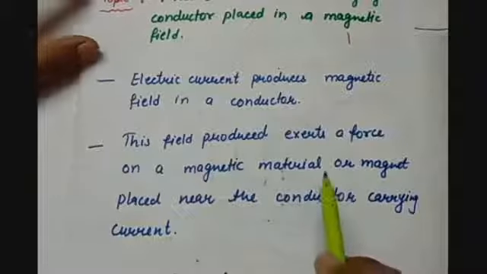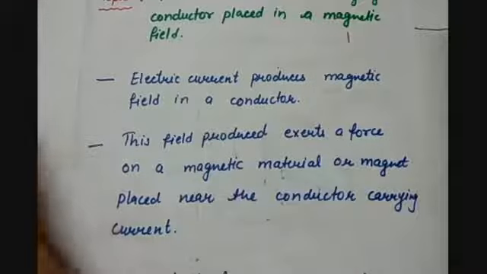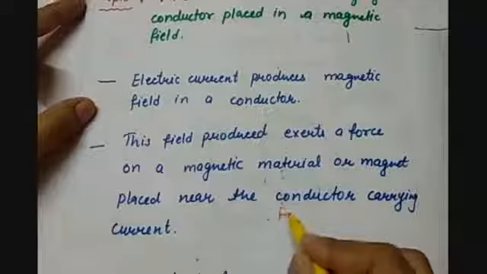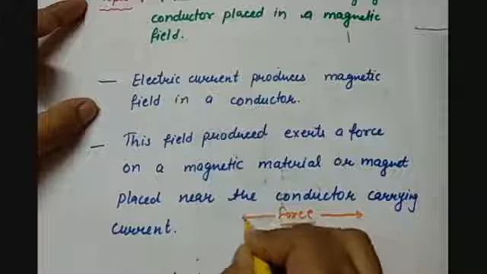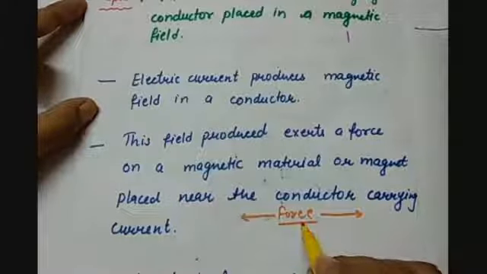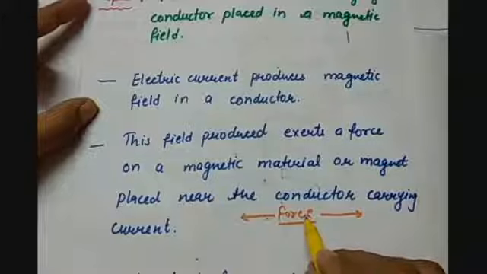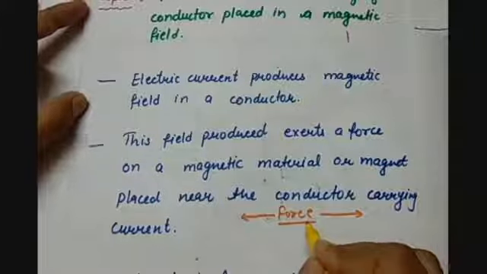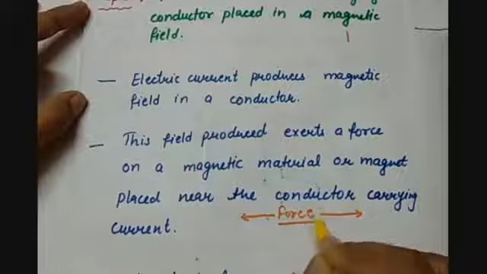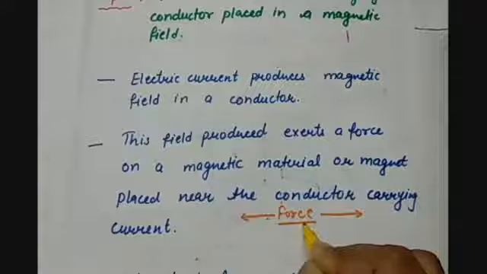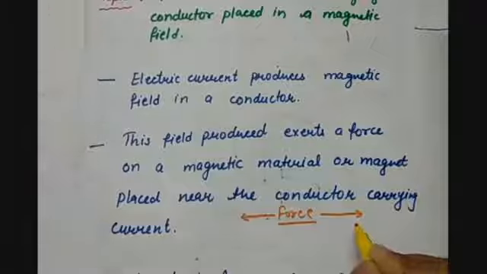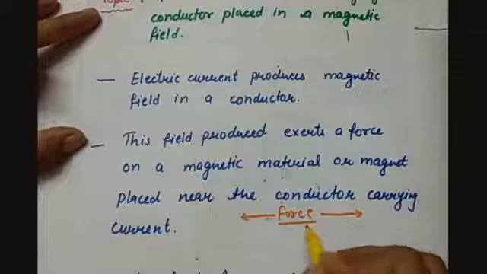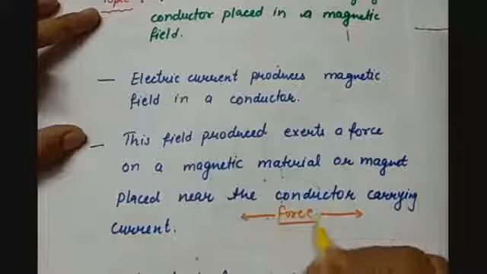But as we all know that force is a quantity which is exerted in equal and opposite direction always, and force is never exerted on a single object. So when the magnetic field produced around a conductor can interact or can move the magnetic material or a magnet, then for sure the magnetic field of the magnetic material can move the conductor as well, because force can never act on a single object.